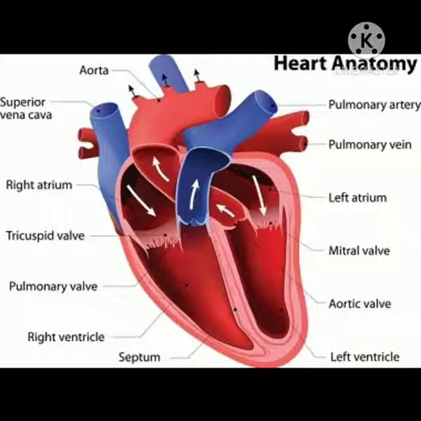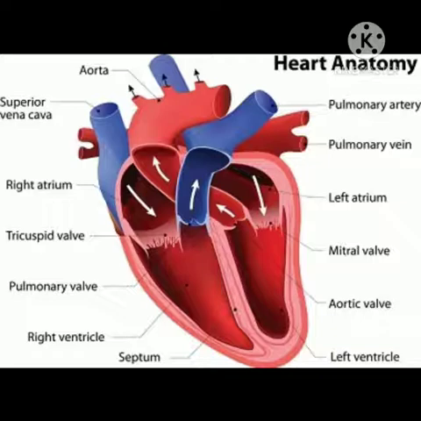You can see pulmonary veins in the picture. From pulmonary veins, the oxygenated blood enters into left auricle. You can see left auricle in the picture.